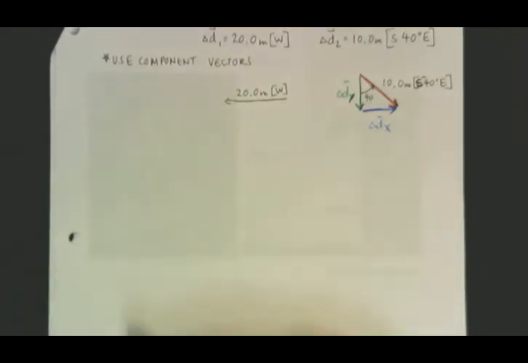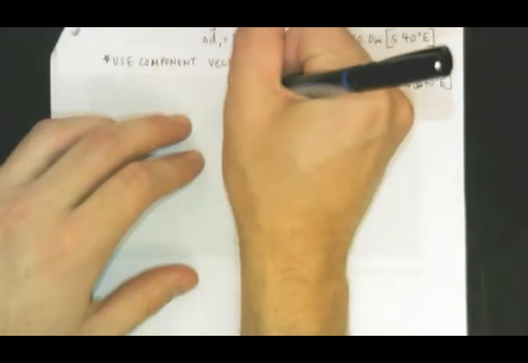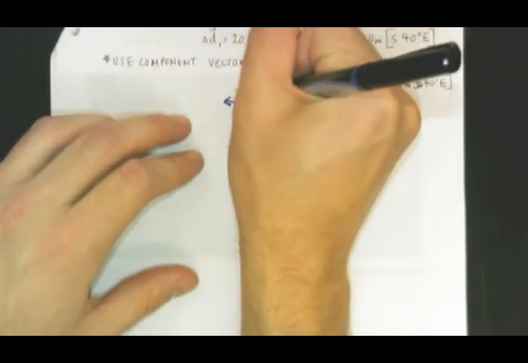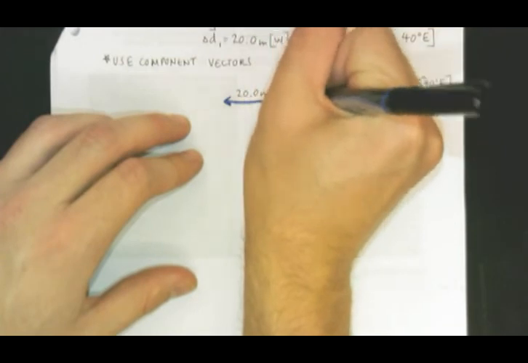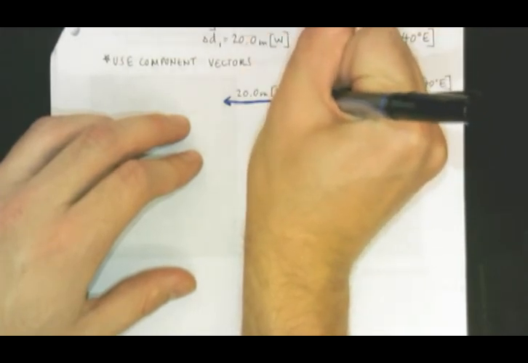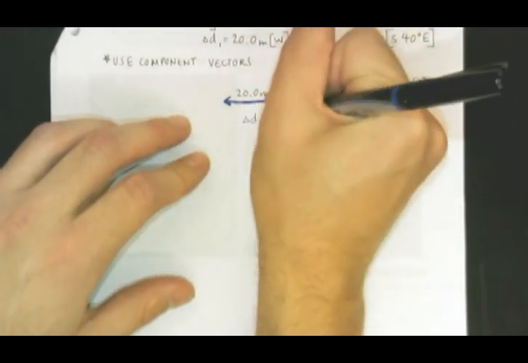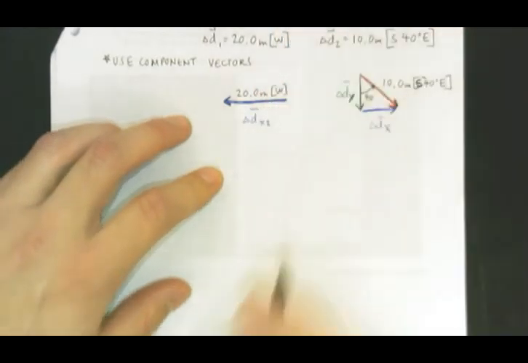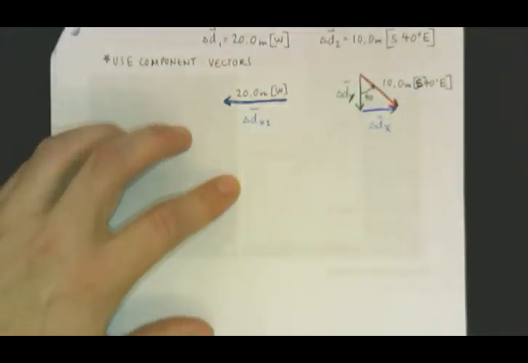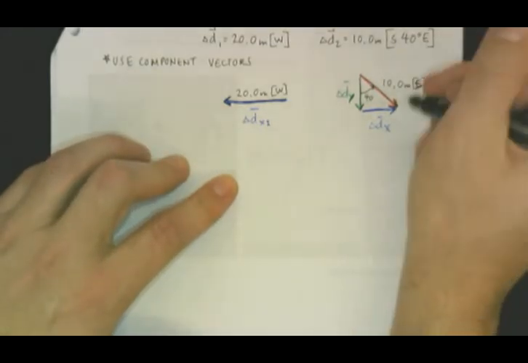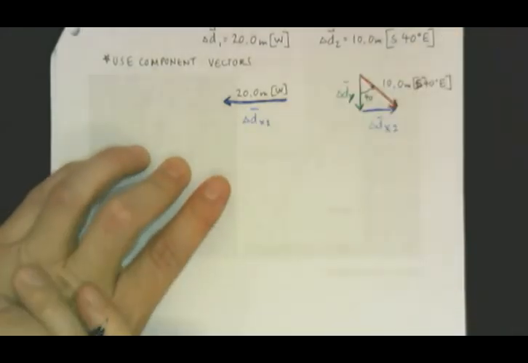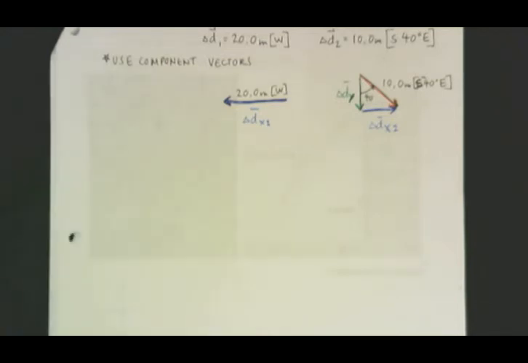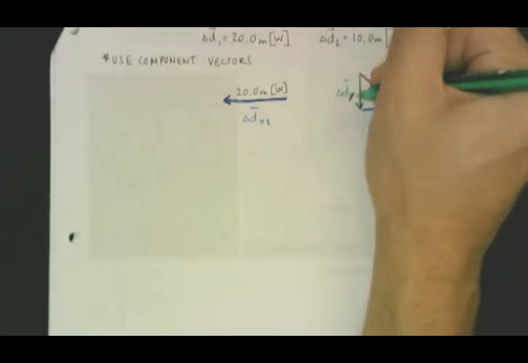So I'm going to label this delta dx. Since we're looking at vector 1, I'm going to call this specifically delta dx1. And since this is vector 2, I'm going to call this delta dx2. Similarly, this green vector, I'm going to call delta dy2.